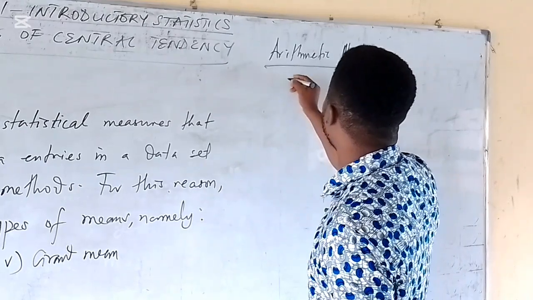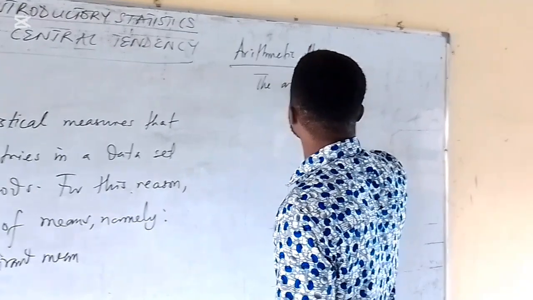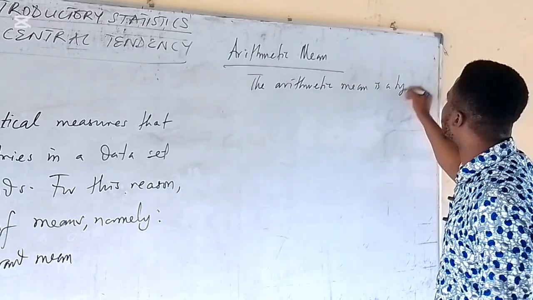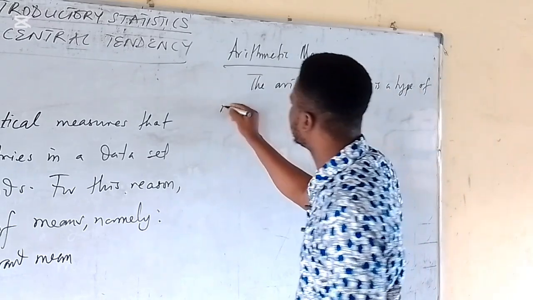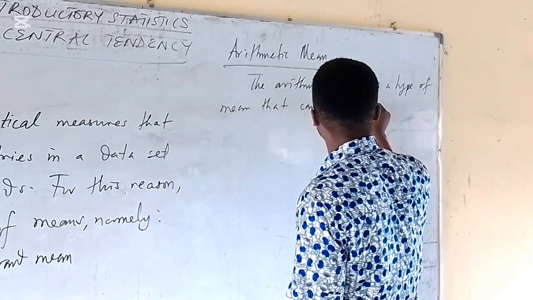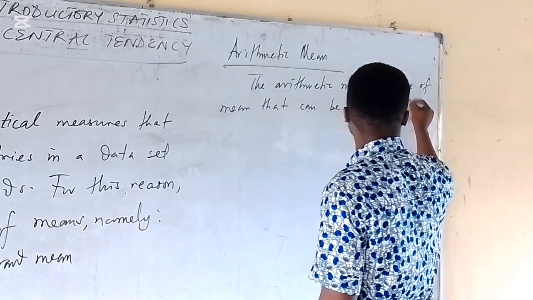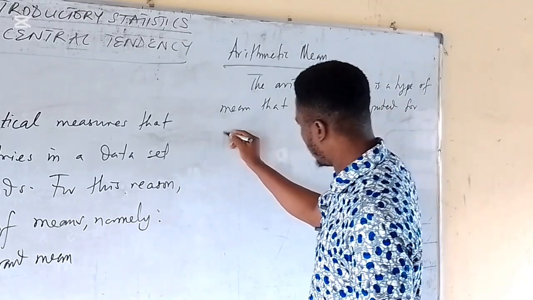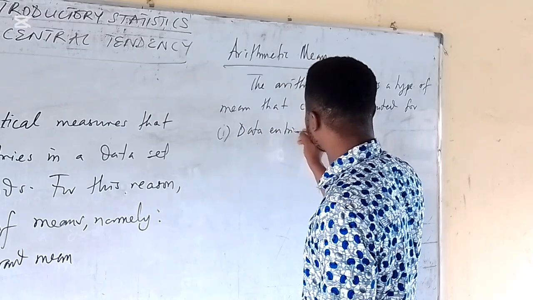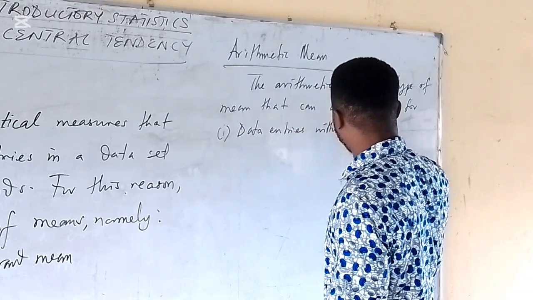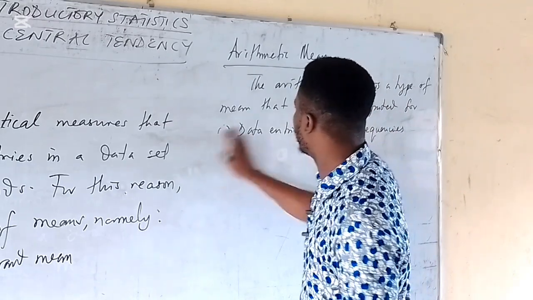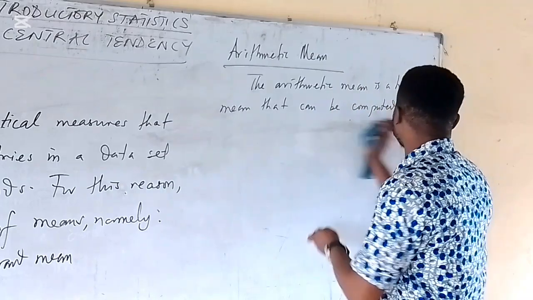Now, the arithmetic mean is a type of mean that can be computed for, one, data entries without frequencies. Let me put it this way.